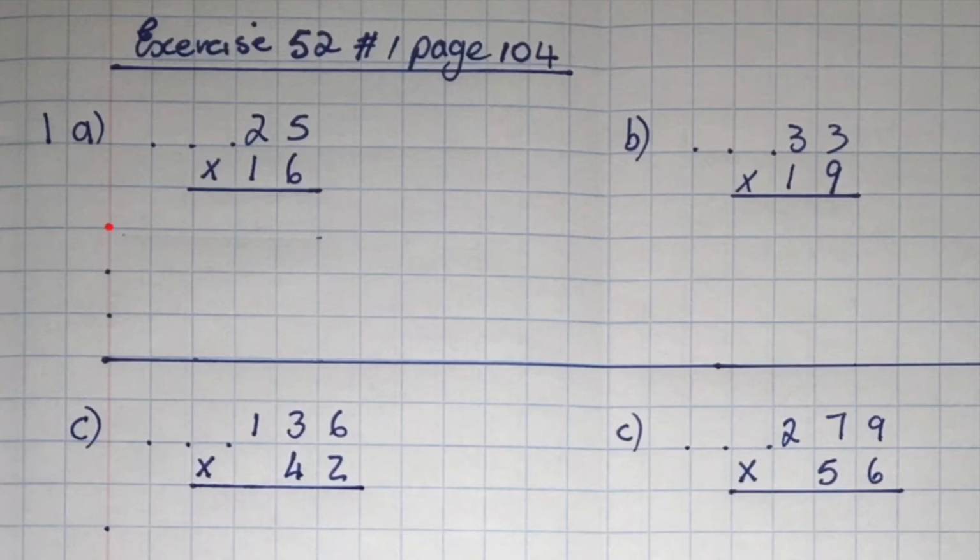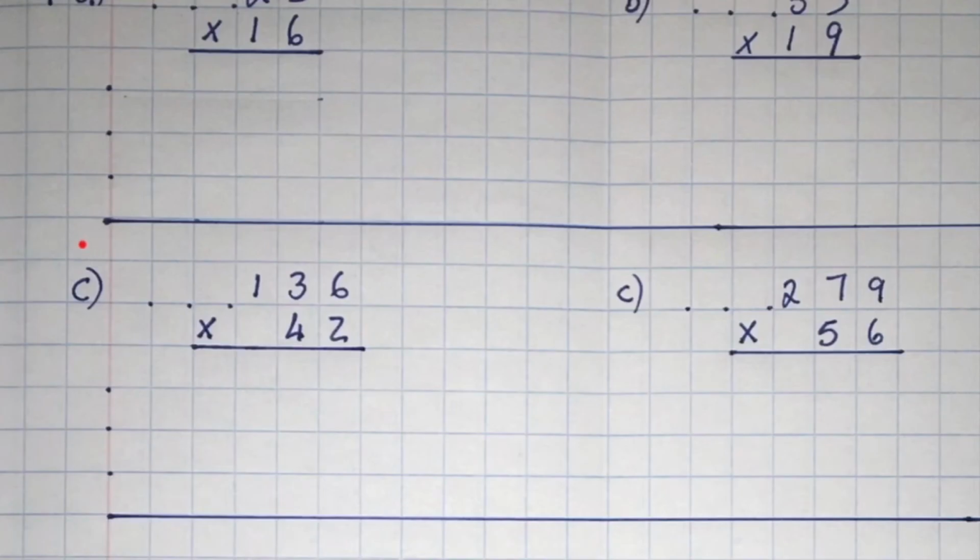Skip 3 lines, 1, 2, 3, and rule off. Skip a line, write C, skip 3 blocks and go 1, 3, 6 times 42. Then go D, skip 3 blocks and go 2, 7, 9 times 5, 6.